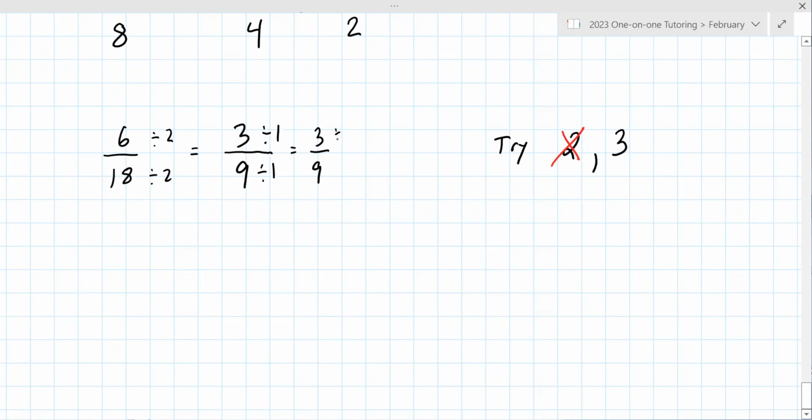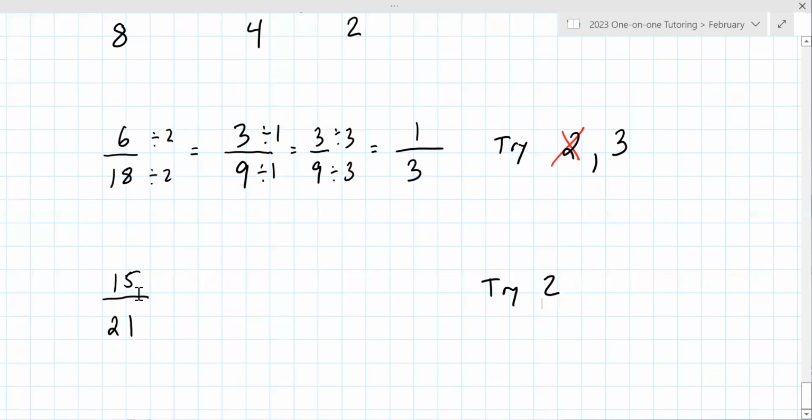Yeah, you try 3. What's 3 divided by 3? 1. Okay, what is 9 divided by 3? 3. Good. Let's try one more here. 15 divided by 21. So try 2. Does 2 go into 15 or 21?